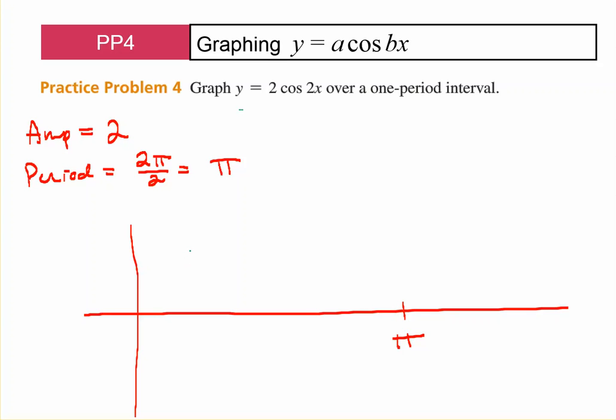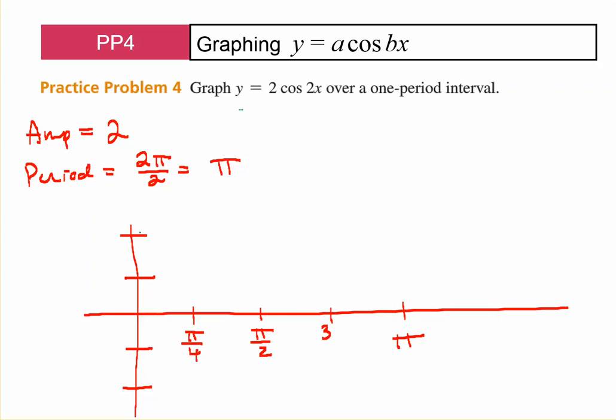Okay, it's a cosine curve. You know, it's going to start high, hit a 0, go low, go back up the hill. So I know I just need to go up 2. I need to go down 2, the little extra left over there. All right, so that's going to be pi over 2, pi over 4.